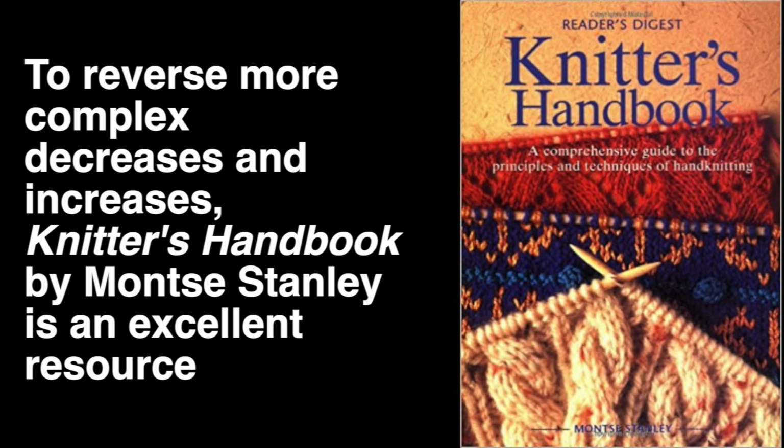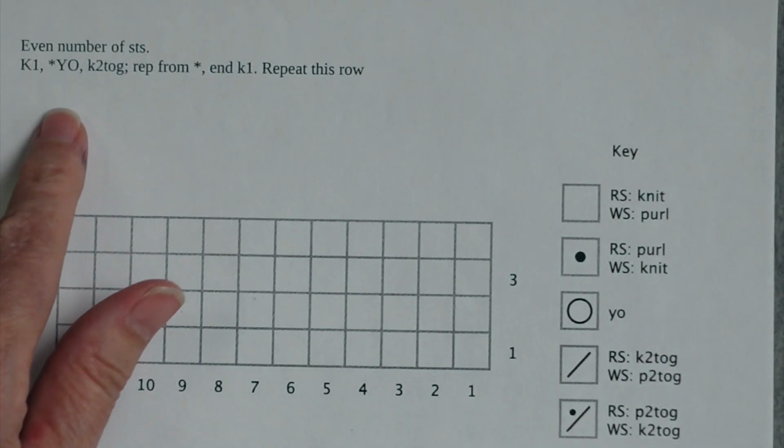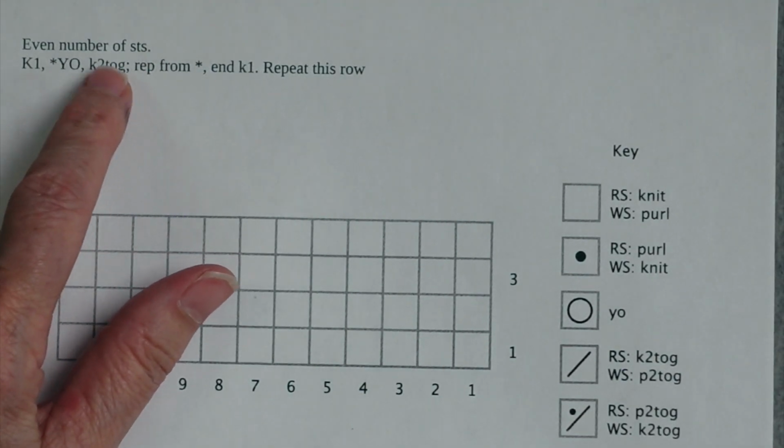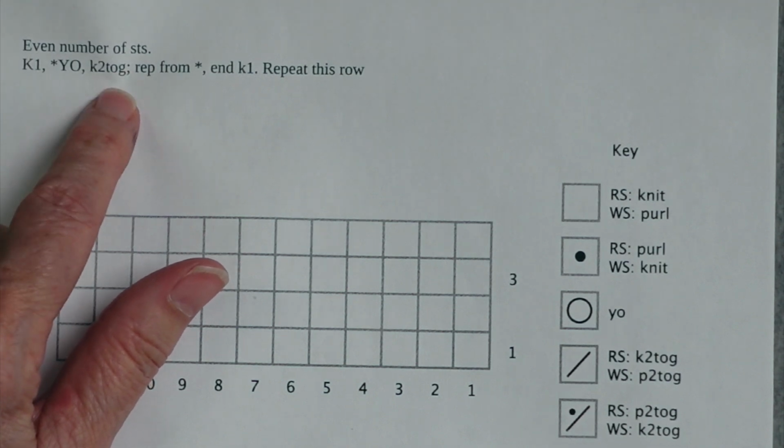It's excellent throughout, but it has a really good chapter on increases and decreases. It has every kind of increase, its mirror, as well as the purl side version of it. So that's a reference manual that's really important if you're doing this kind of thing regularly, or even just once in a while where you wouldn't know off the top of your head how to do that. So right away we know that the knit two together, the opposite's going to be a purl two together.